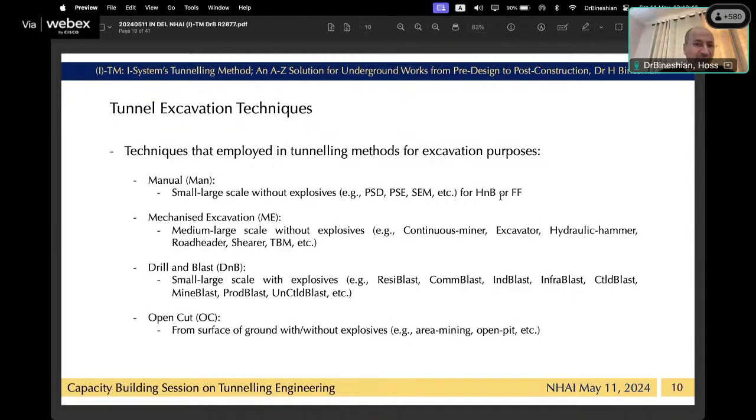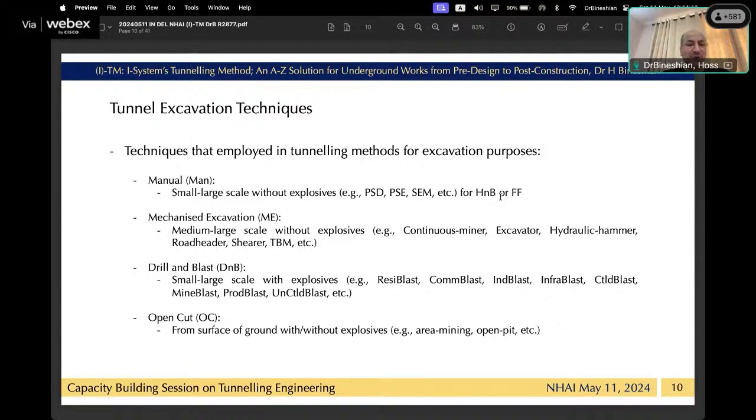Tunnel excavation techniques, we can categorize them into 4 main categories. Manual excavation techniques, which are applicable from small to large scale without use of explosives, like partial sequential digging, sequential excavation method, and etc., for heading and benching or full face.